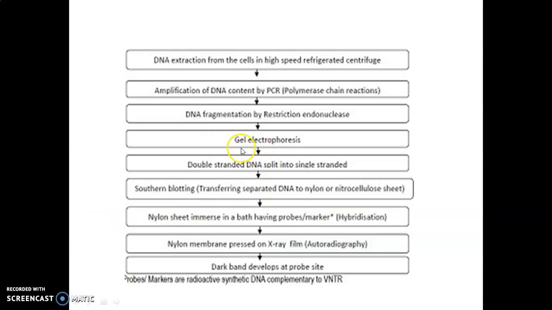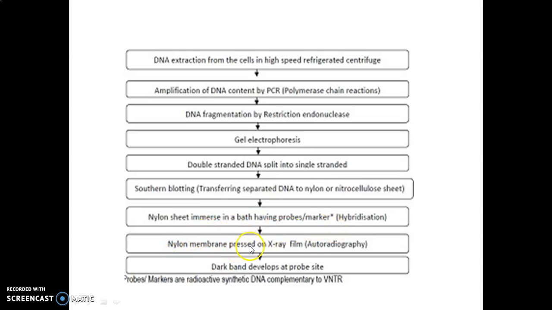Then what is the next step after gel electrophoresis? Double-stranded DNA is split into single strands, then Southern blotting, then the nylon sheet is immersed in a bath having probes. Here we are using VNTR probes, so we can easily identify.